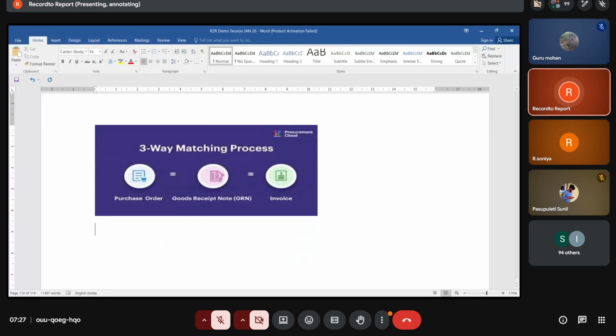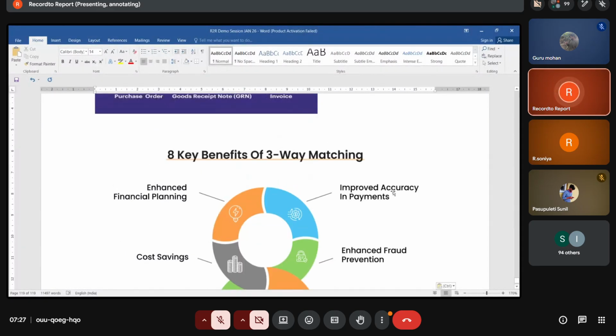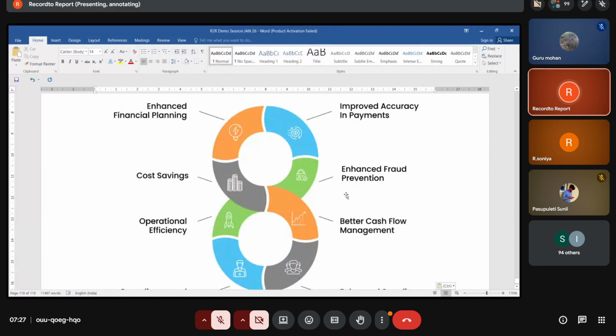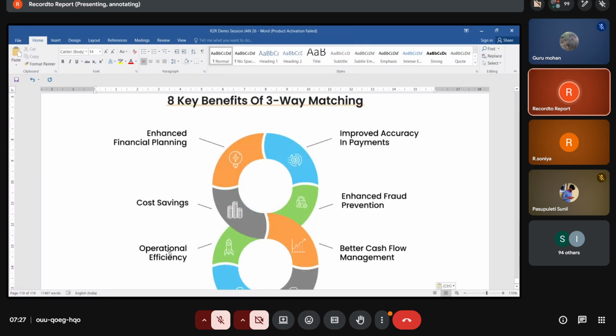So what is the importance of three-way matching? Improved accuracy in the payments. If any kind of fraud happens while delivering goods, it will be protected. Cash management will be better. Enhanced supplier relationship: if anything is mismatched, we will reach out to the supplier so that our relationship will continue, and compliance, auditing, cost savings, operational efficiency.